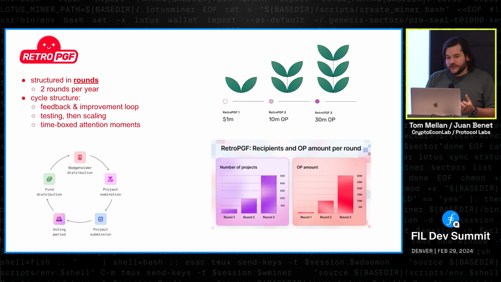I mentioned the round structure. This is a key component that makes RetroPGF work. We've explored a lot of different mechanisms over the years. One of the key features that makes RetroPGF so successful is that the concrete round-based structure enables an iterative feedback and improvement loop, both for the process itself and for all of the projects.